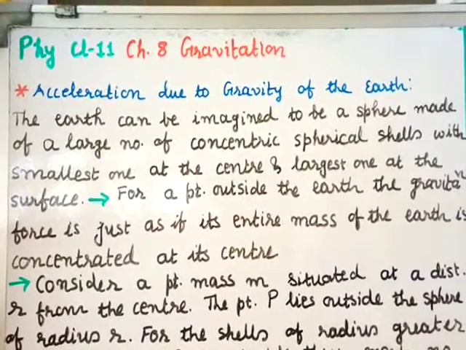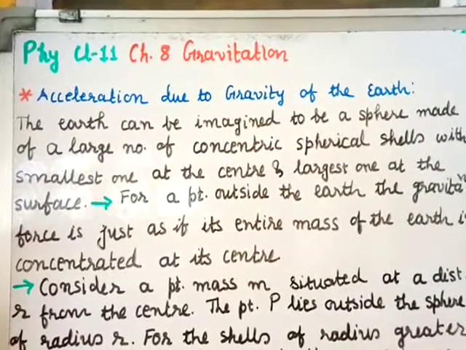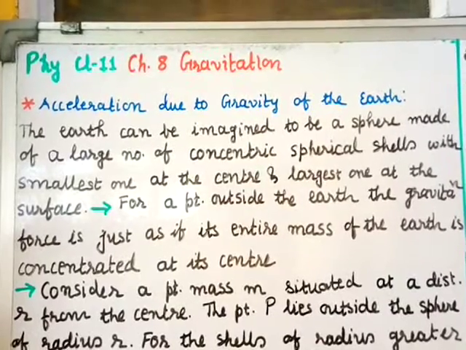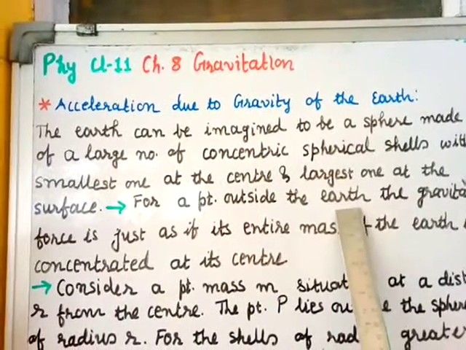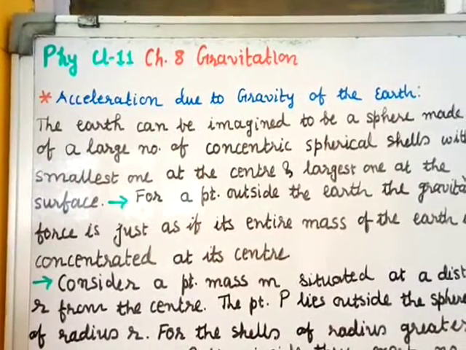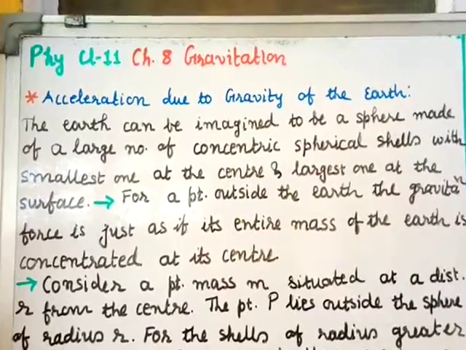And if the point is inside the shell, then there is no gravitational force. So if we take a point outside the earth, the gravitational force will be as if all the mass of the earth is concentrated at the center. This is one of the rules I stated in the last class.